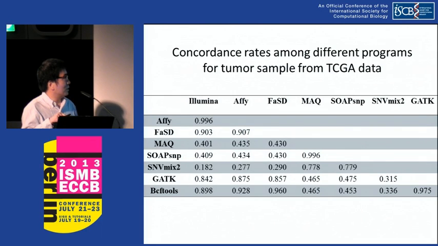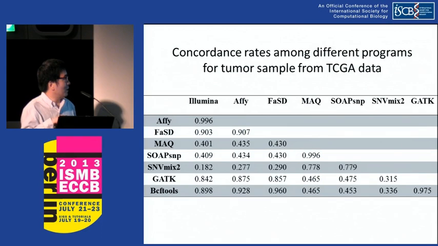You can see that for the two array-based platforms, the concordance rate is close to 1, so they agree with each other very well. Looking at the software calling, SOAPsnp and MAQ were both developed by BGI, and you can see they also agree pretty well. These two programs, GATK and BCFtools, I think both derived from MIT, and they also agree with each other well.